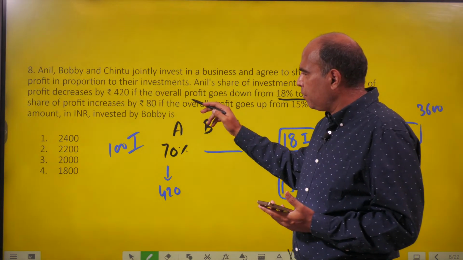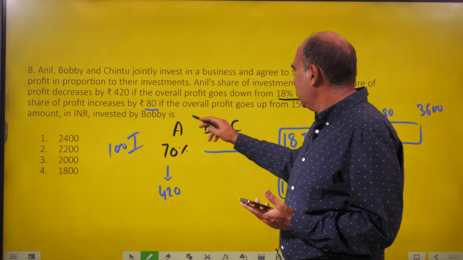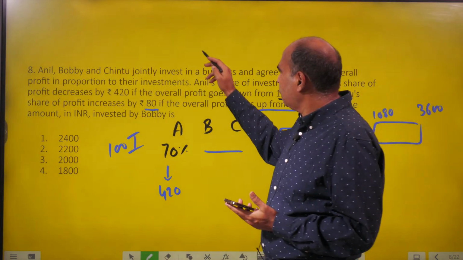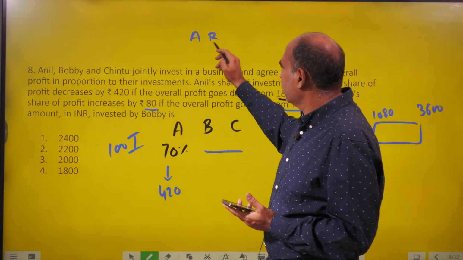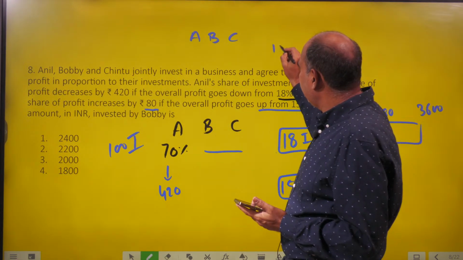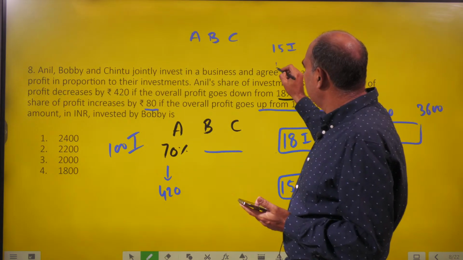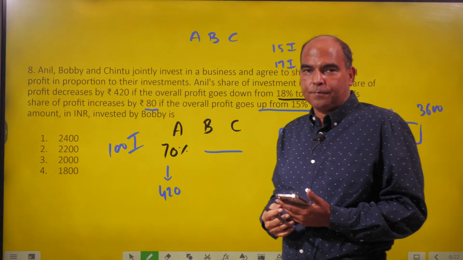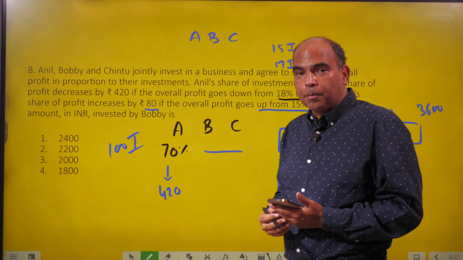Chintu's share of profit increased by rupees 80 if the overall profit goes from 15% to 17%. So let's focus on Chintu. I hope you can see that I'm writing it. When the profit goes from 15 to 17, there's a growth of 2 by 15 in the profit.